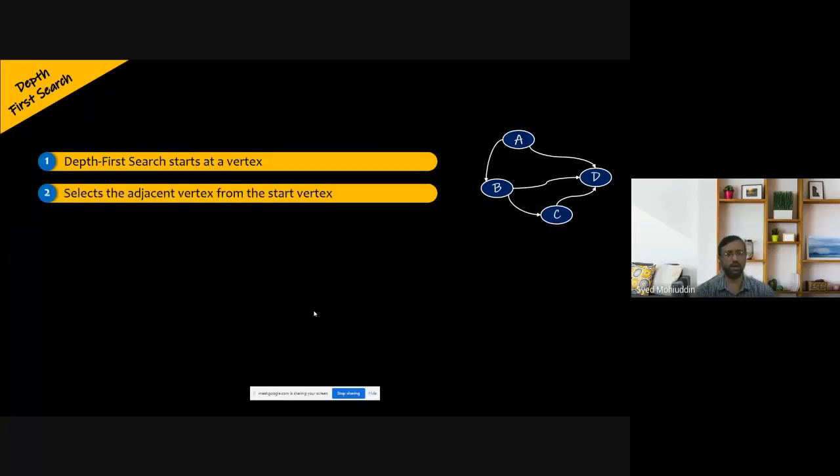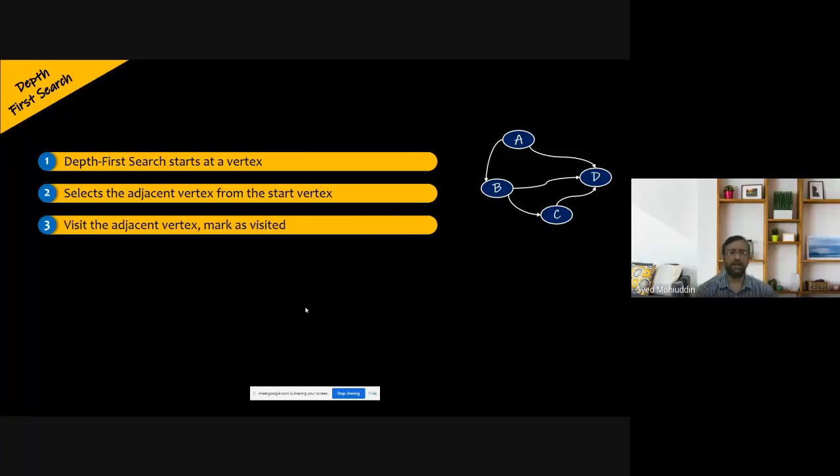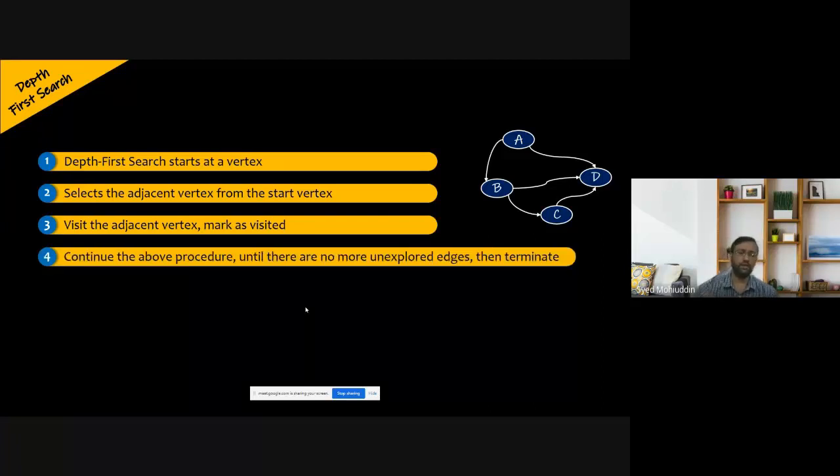We select one adjacent vertex, not all adjacent, as in breadth first search, where we explore all adjacent vertices. Here in depth first search, we only select one adjacent vertex, that means one edge, and then we mark that vertex as visited. We continue this procedure until there are no more edges left to be explored.